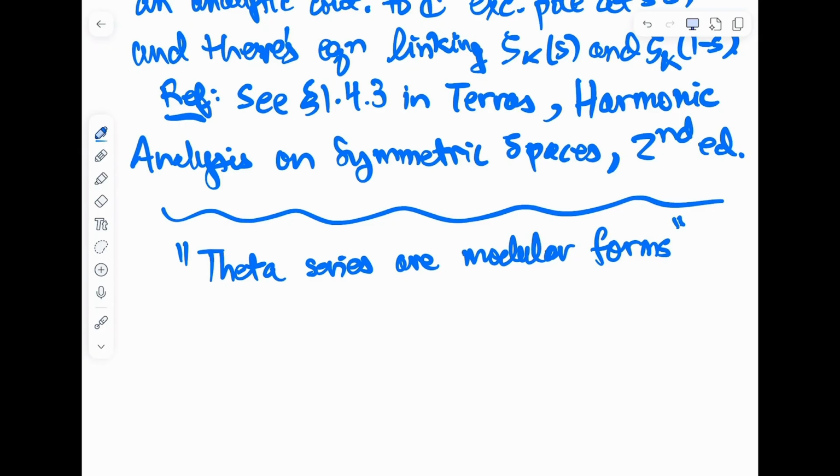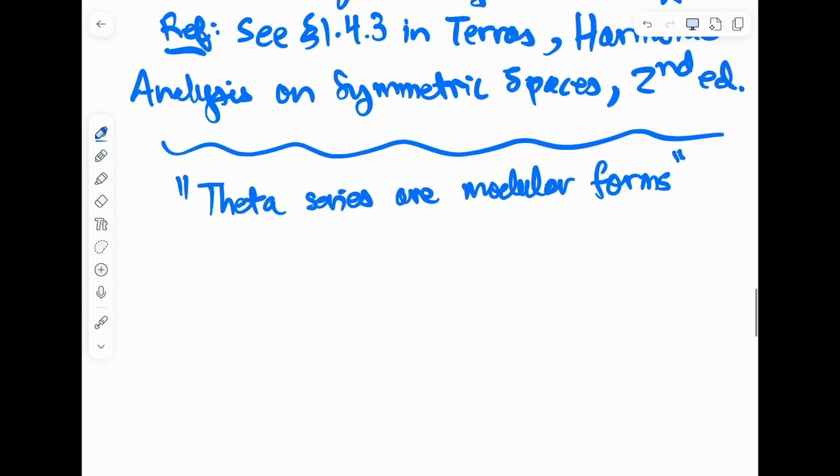Eventually it was recognized that the subject of modular forms developed, and the theta functions naturally fit in there. So if you understand spaces of modular forms very well, you can get out some interesting properties of the quadratic forms by the fact that their theta series are inside these spaces that people have developed a lot of techniques to understand. So let me explain what a modular form is.